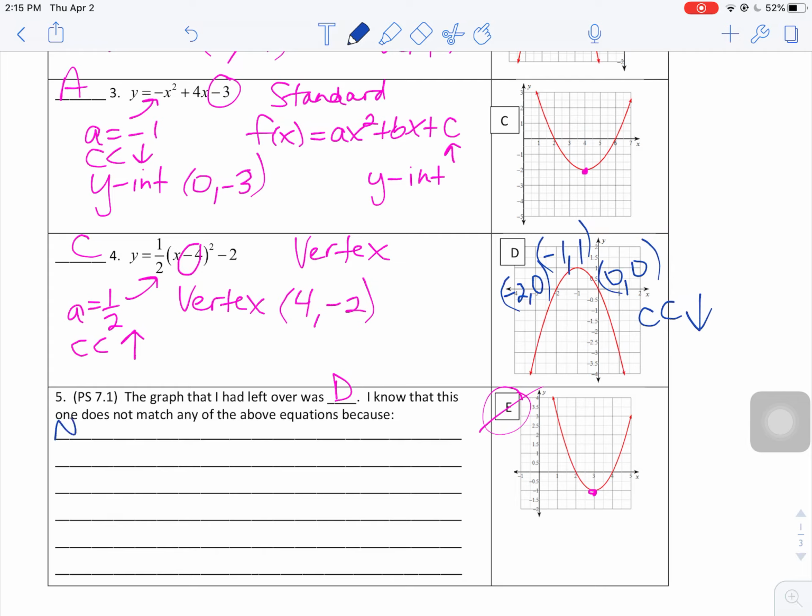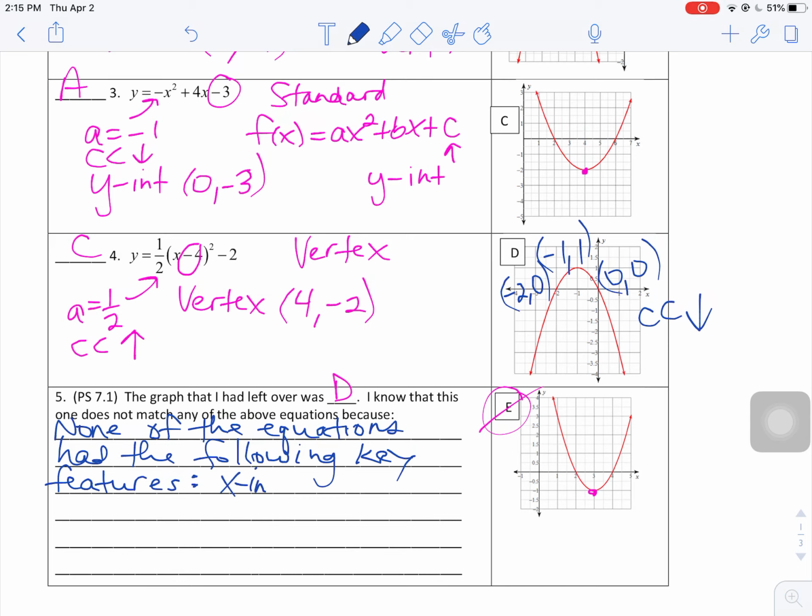none of the equations had the following key features. So we had x-intercept of 0, 0, and -2, 0.